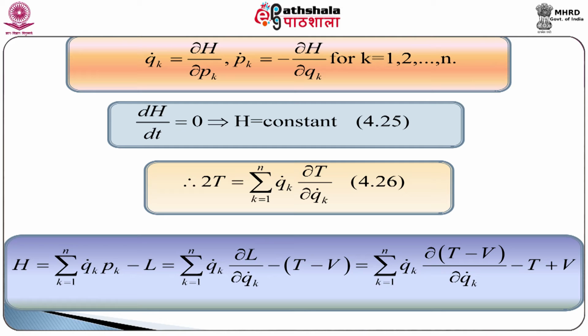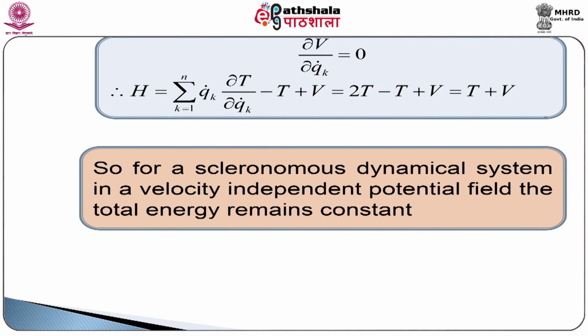Thus, we get H equal to summation k equal to 1 to n qk dot del del qk dot of (T minus V) minus T plus V. Since in a velocity independent potential field, V is independent of velocity qk dot, so del V del qk dot equal to 0.